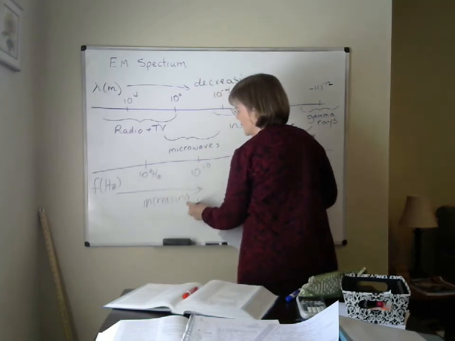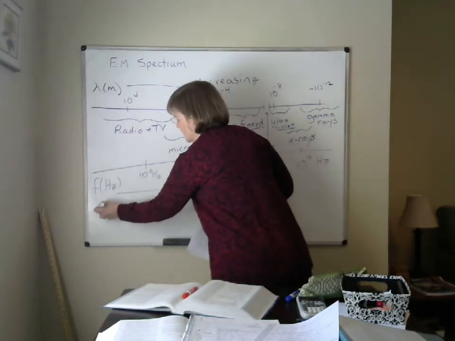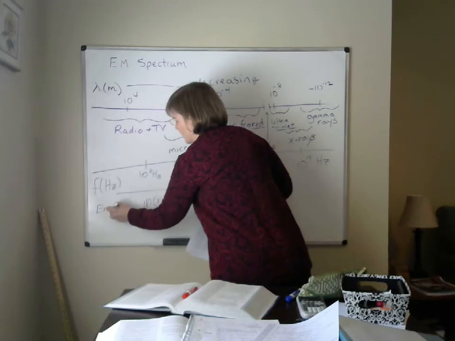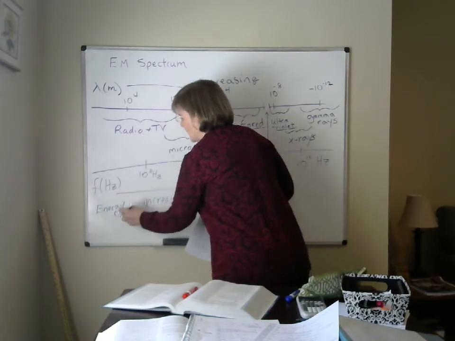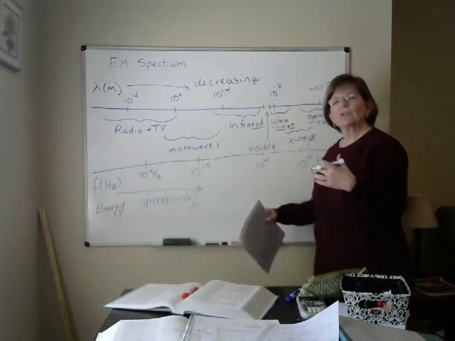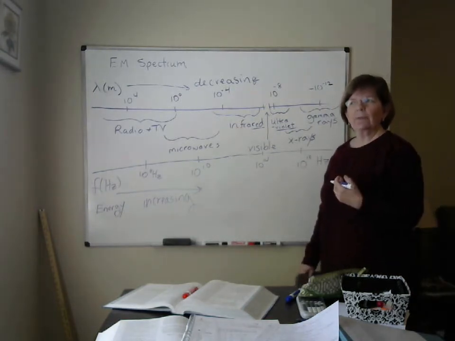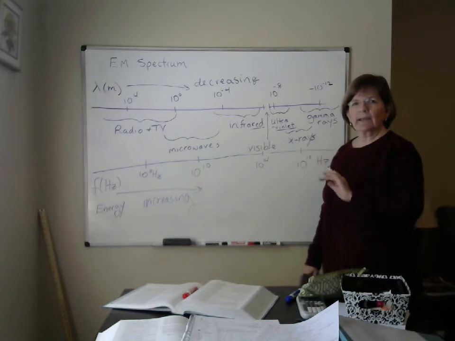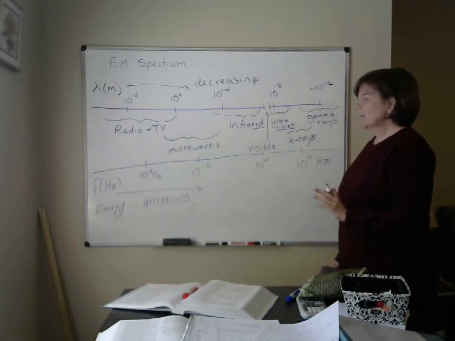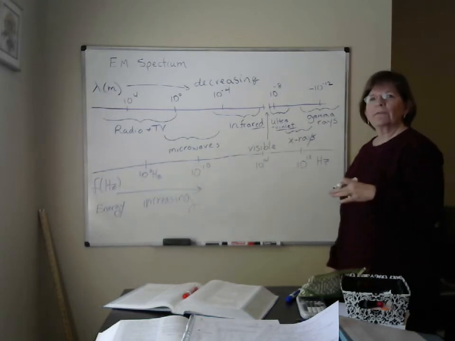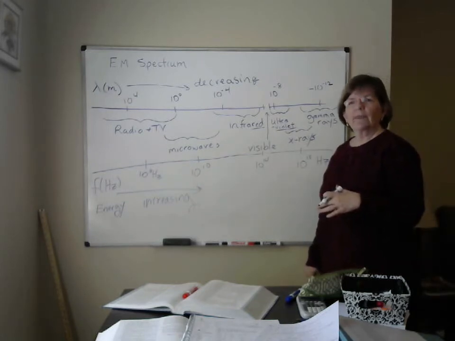And associated with that is energy. The energy of a wave essentially depends on two things: the amplitude of the wave, which would be the maximum size of the electromagnetic field, the electric fields and the magnetic fields, but it also depends on the frequency. Think about it.